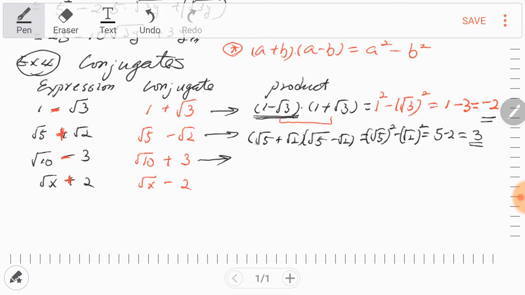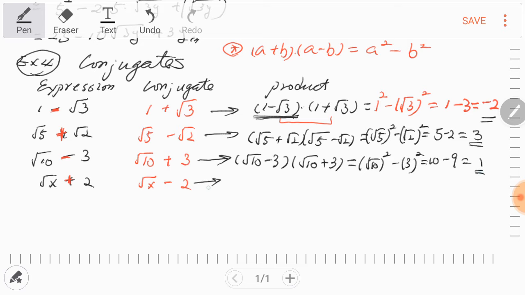Okay, let's try another one. Square root of 10 minus 3 times its conjugate, square root of 10 plus 3. Then a squared minus b squared: square root of 10 squared minus 3 squared, so that is 10 minus 9 equals 1.